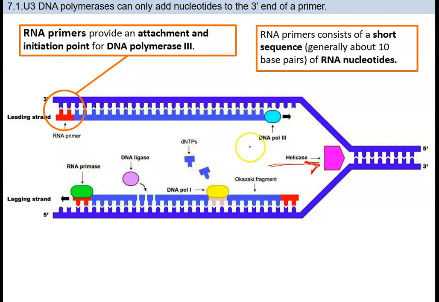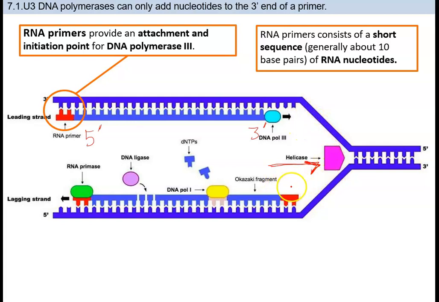So the continuous strand, which is 5' to 3', would be this one, in the same direction as the movement of the helicase. And of course this would be the leading strand, and this would be the primer at the beginning of the leading strand.